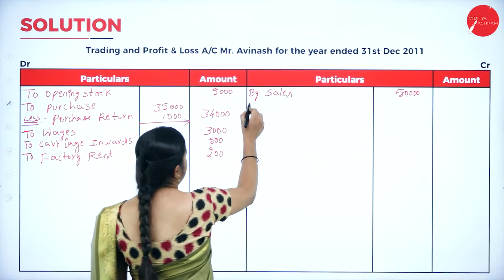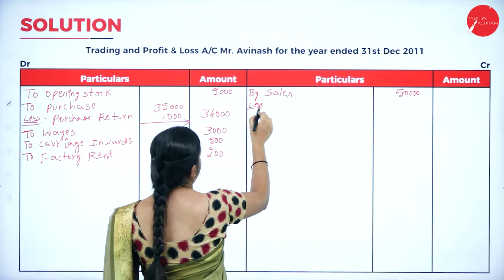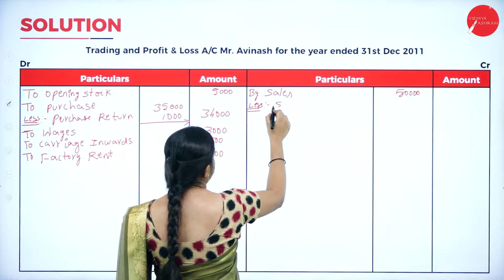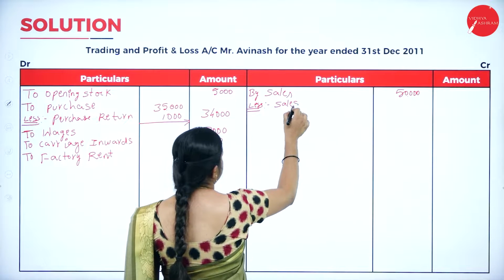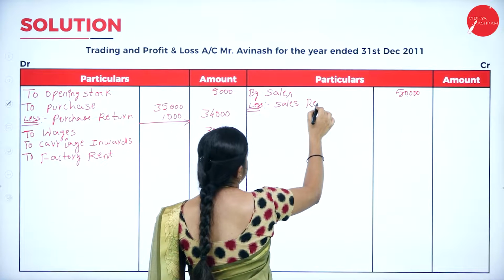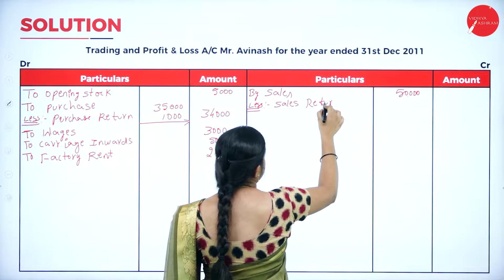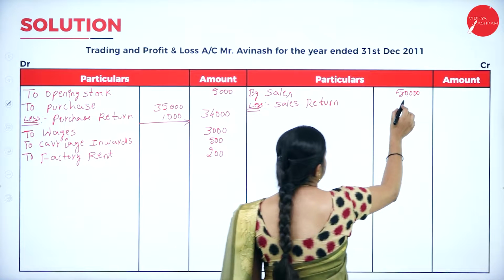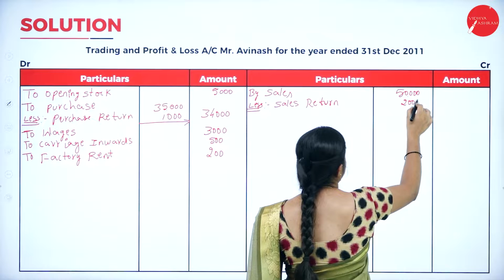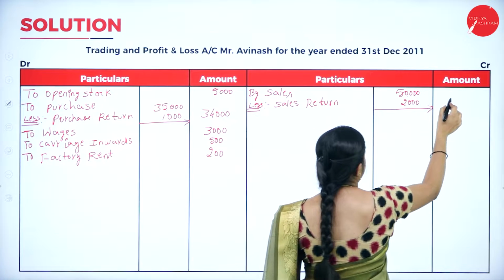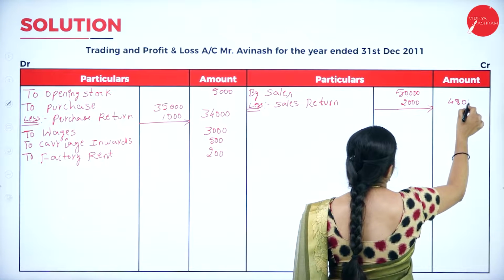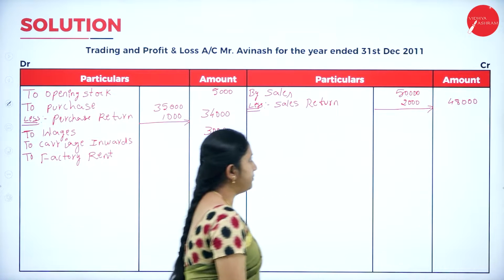Sales return 2,000 less sales return 2,000 gives 48,000. Write it in the outer column.